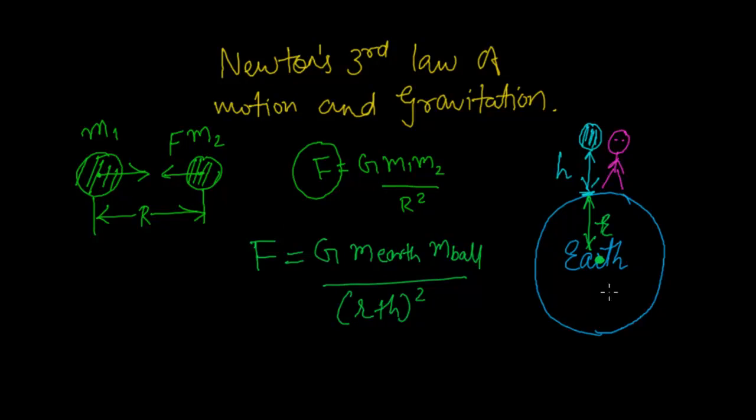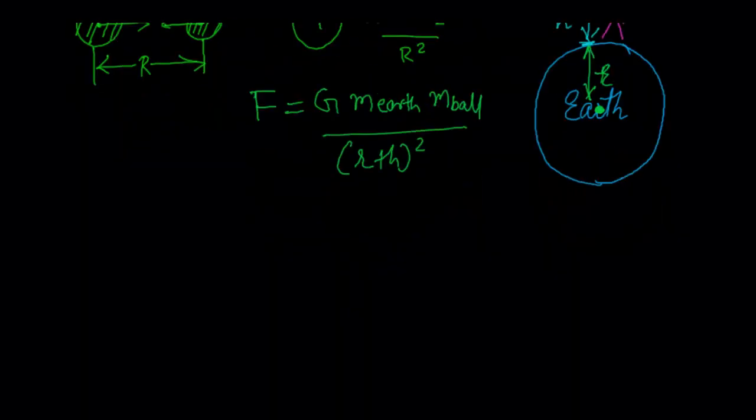Just like that, Earth would attract ball, and ball will attract Earth. So, reasonably speaking, just like ball moves downwards, Earth should also move upwards. That is, it should also get accelerated. But this does not happen in practice. Why? Let us understand this.